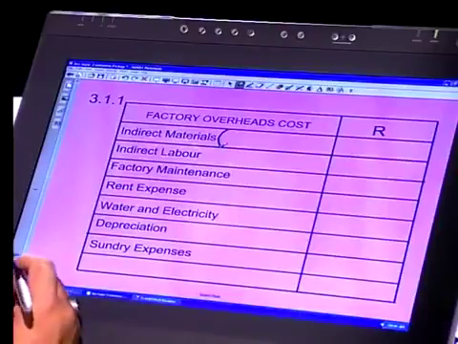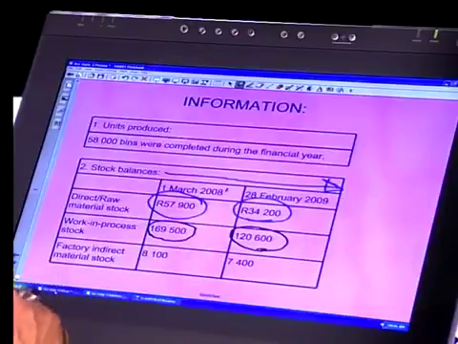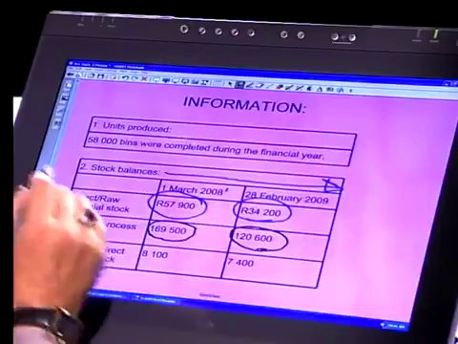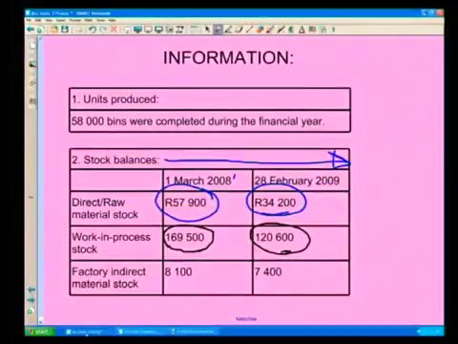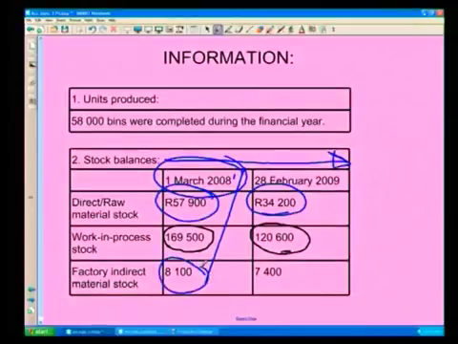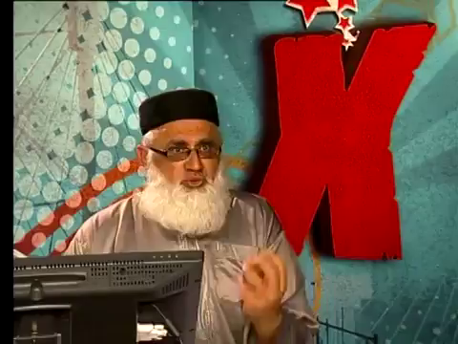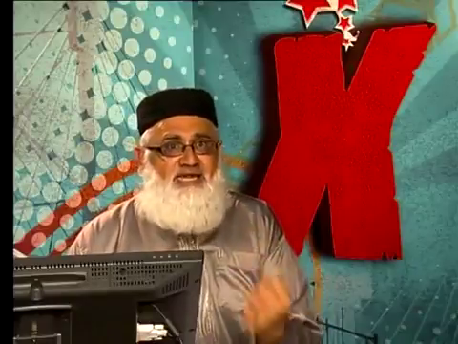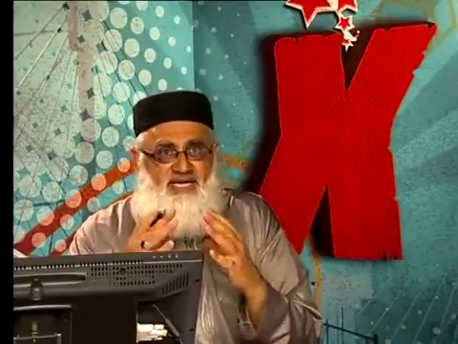Okay, first one, indirect materials. The first thing that I do is I open up a bracket. Why? Because it's going to involve a calculation, and then I go into my question and see what I've got. Factory indirect materials, beginning of the year, guys. Remember the love arrow that we alluded to earlier on?